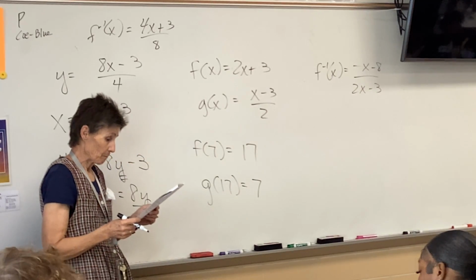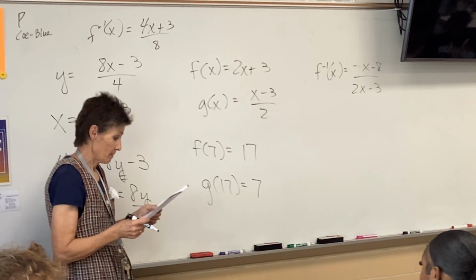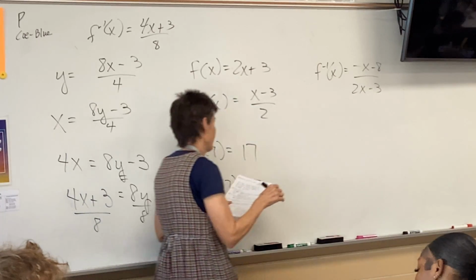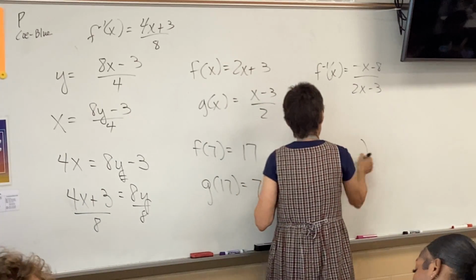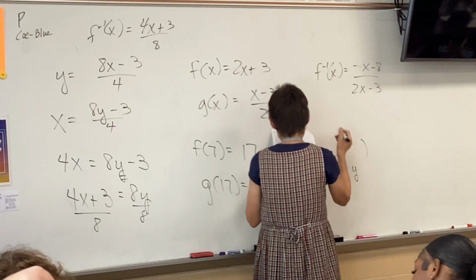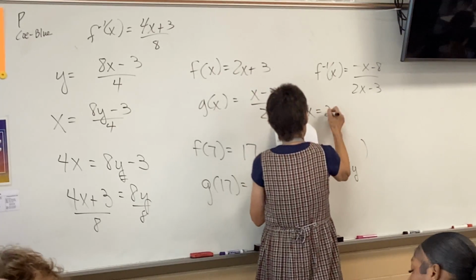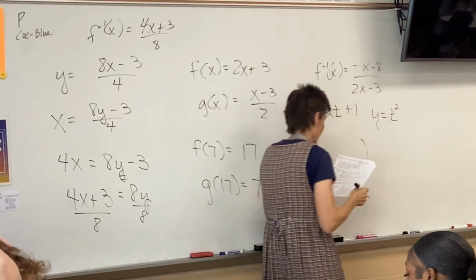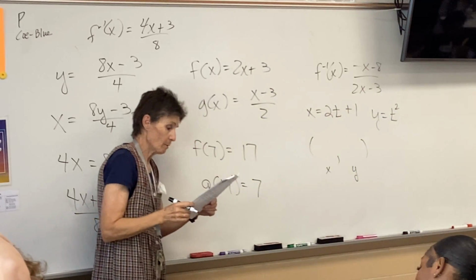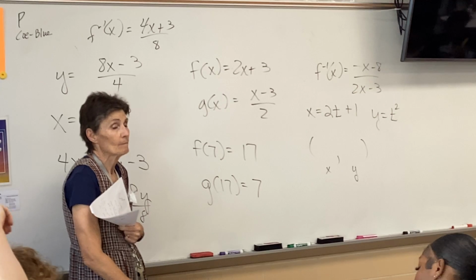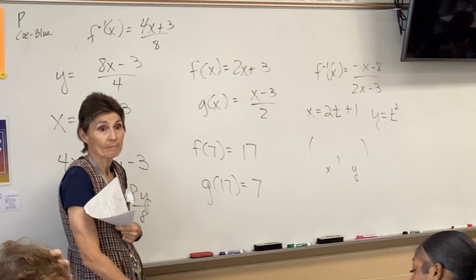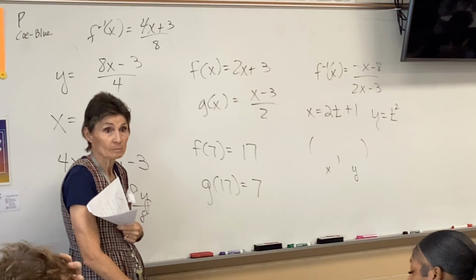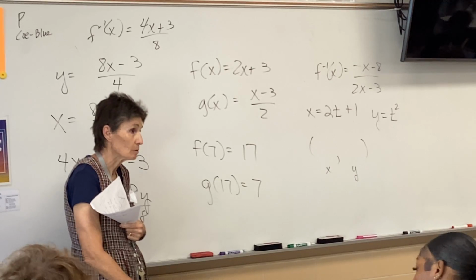All right. Number 9. Oh, this is the easiest one. Your job is to find the ordered pair. Find an x and a y. We know x is 2t plus 1 and y is t squared. So what do we do in problem number 9? Plug in negative 2. It says t is negative 2.